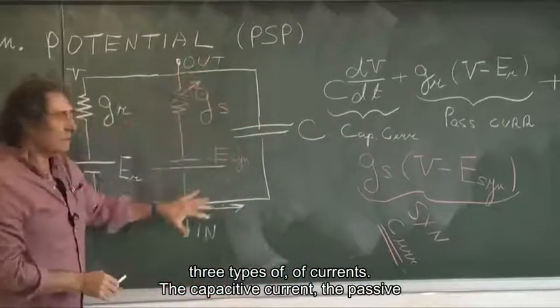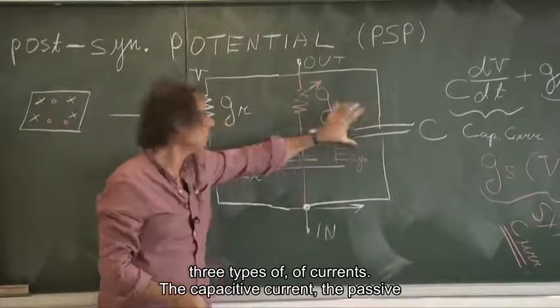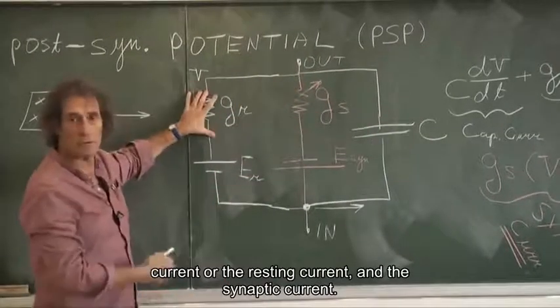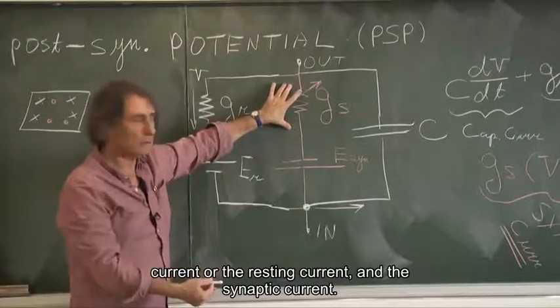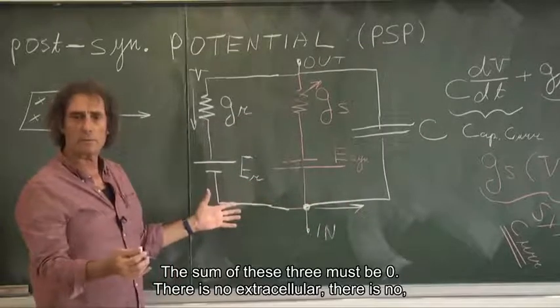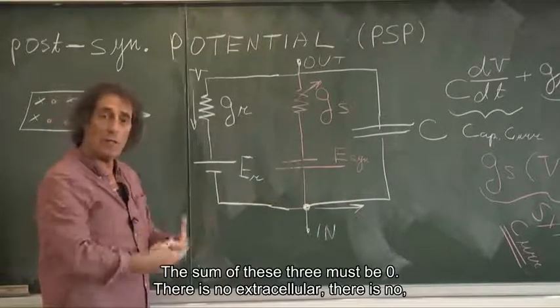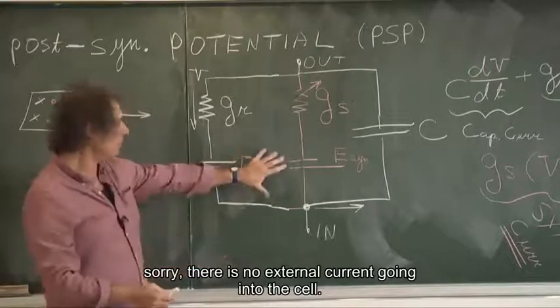So you see that in this circuit you have three types of currents. The capacitive current, the passive current, or the resting current, and the synaptic current. The sum of these three must be zero. There is no external current going into this cell.